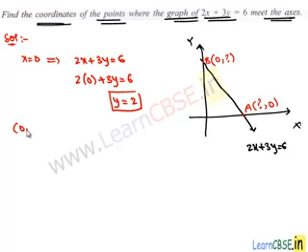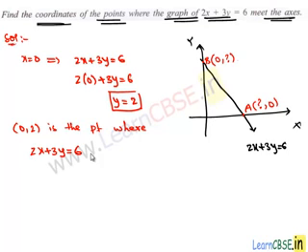Therefore, (0, 2) is the point where the graph 2x plus 3y is equal to 6 cuts the y-axis. Similarly, to find point A, that is the point on the x-axis, we take y-coordinate 0.